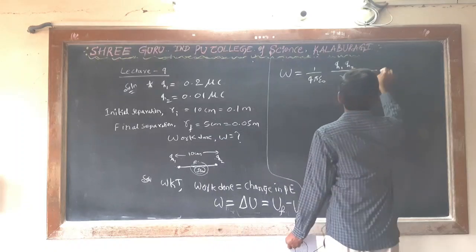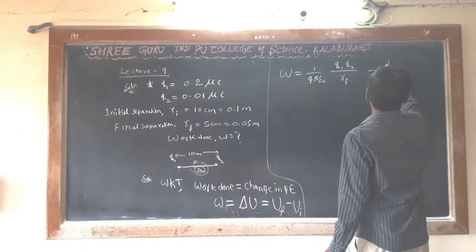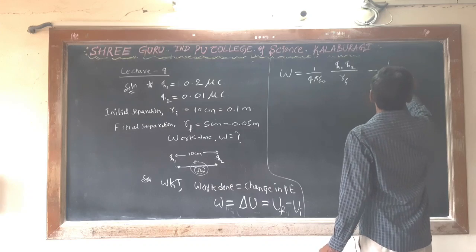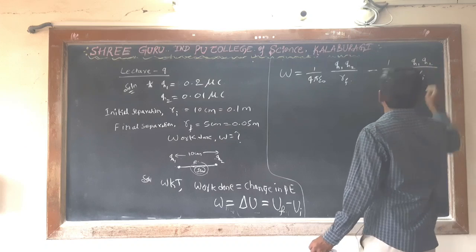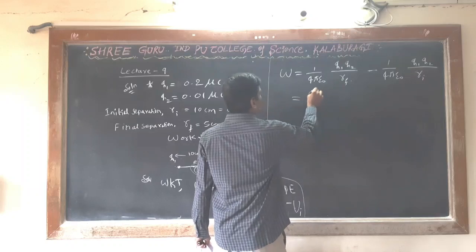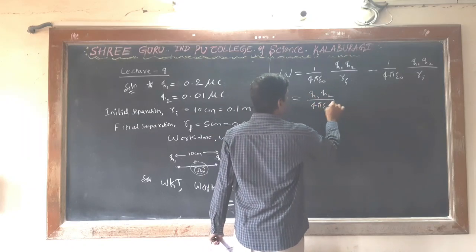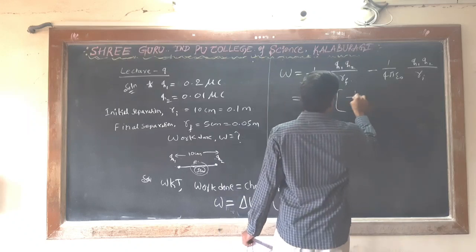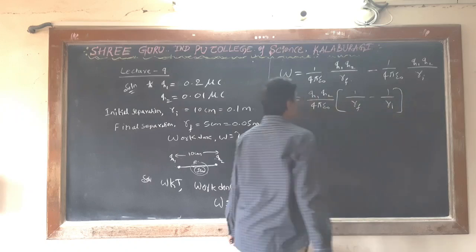Minus the potential energy of the system of two charges in the initial position, 1 by 4 pi epsilon naught Q1 Q2 divided by the initial distance, Ri. Got the idea? Now taking Q1 Q2 divided by 4 pi epsilon naught common, you will get 1 by RF minus 1 by Ri, right?